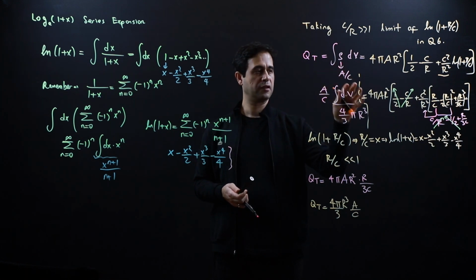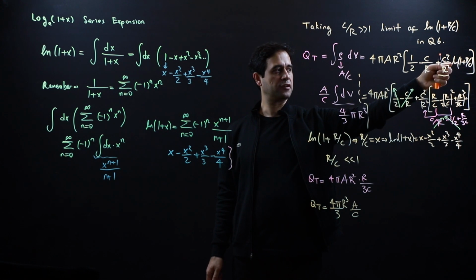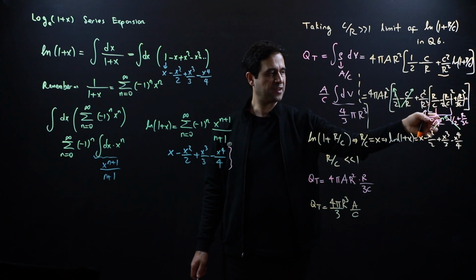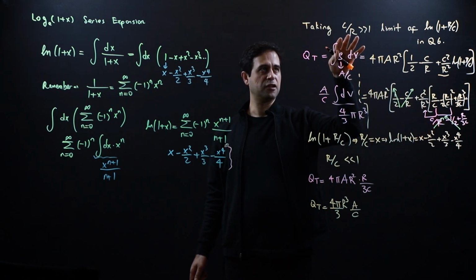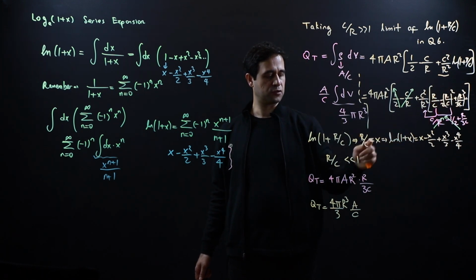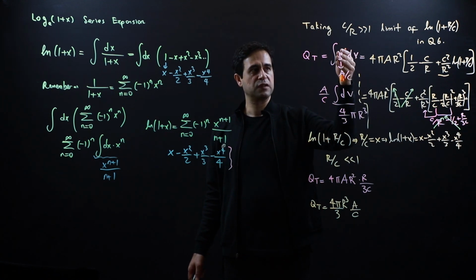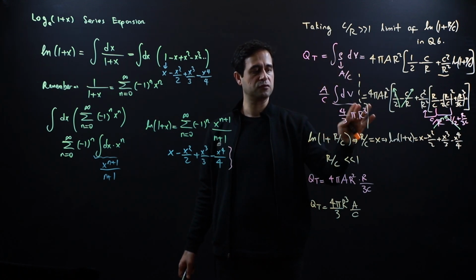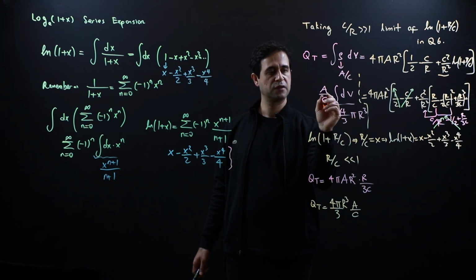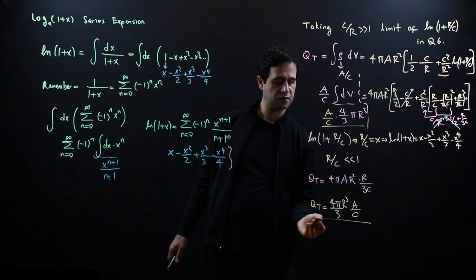So if you just follow math and use the series expansion of logarithm of 1 plus x, you can actually show that mathematically at this low argument limit of this logarithm expression, you get exactly the same thing as seeing that it becomes a constant and taking it out and multiplying by the volume of the sphere. So you see that both of these expressions are exactly the same, right?